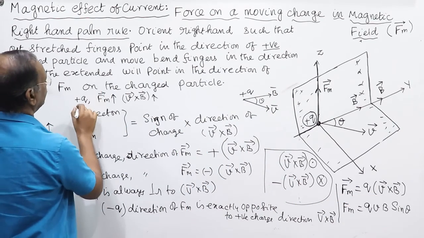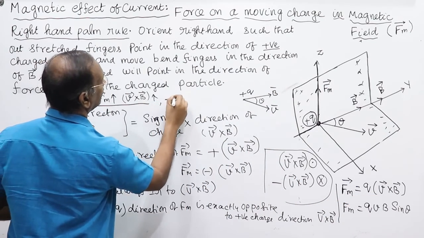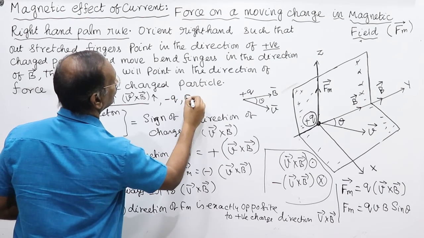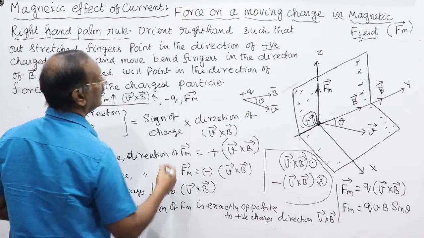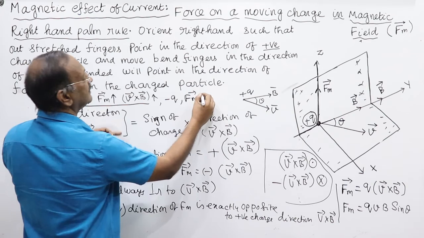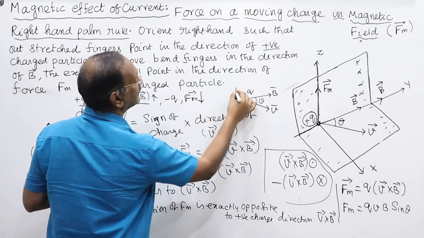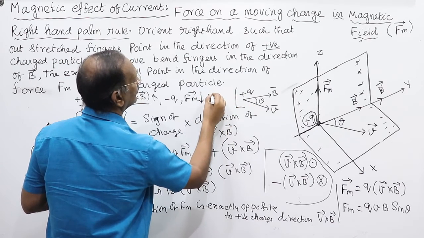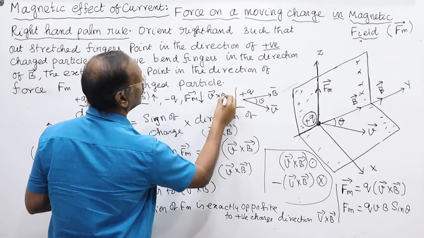For negative charge, Fm will be in the opposite direction to the V cross B vector.